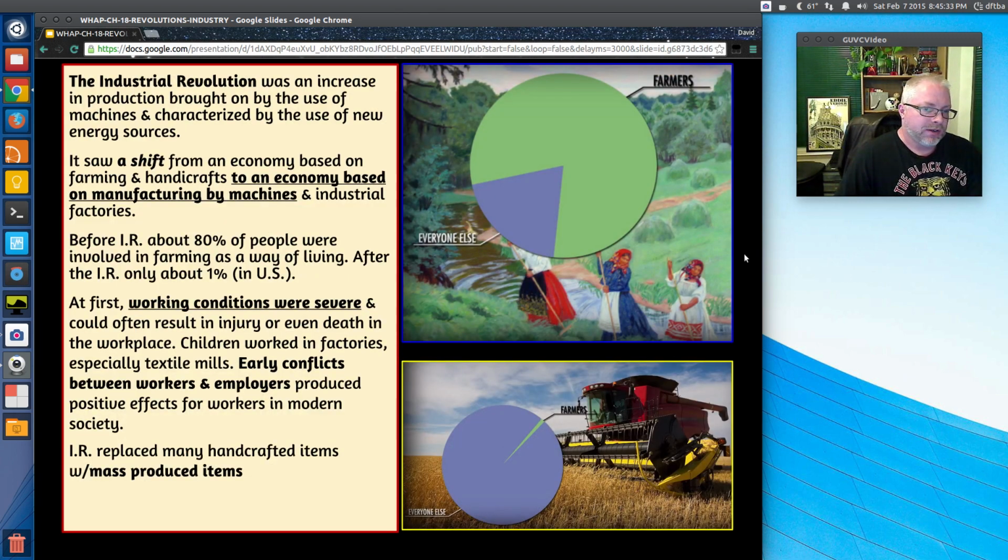The first big slide here, and I took a couple screenshots from the crash course on this because I think it's pretty interesting to look at. I mean, the first screenshot at the top there says, we've got 80% of people before the Industrial Revolution who are farmers, supporting all of the people, obviously, but everyone else that's specialized labor that we kind of got so excited about last fall.